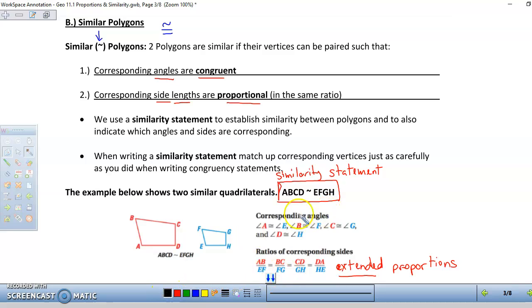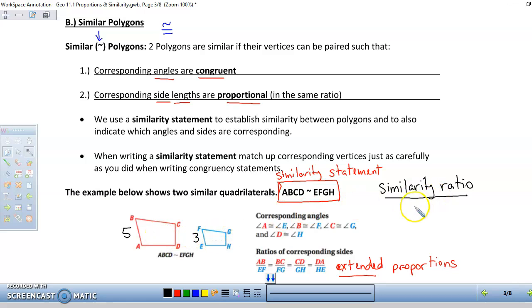Okay, another thing that is not written here, so I'll just have you write it off to the side here, but there's a thing called a similarity ratio. And what that is, so for example, let's say that AB is equal to 5 and EF is equal to 3. So AB and EF correspond. So the similarity ratio from the red to the blue, right? This is the red, this is the blue.